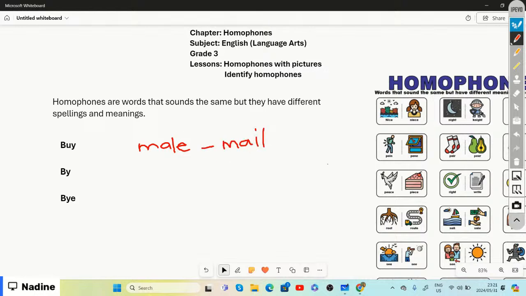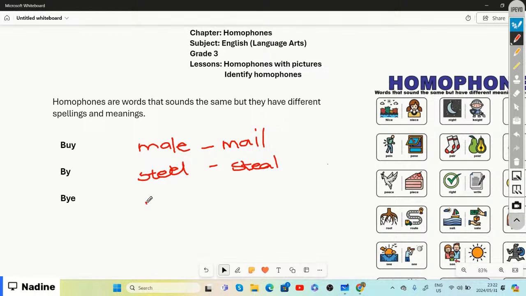So male is, of course, a man, and mail is, for example, letters that you are getting in your post box, right? Then steel, almost like metal, and steal is when you're taking things that do not belong to you, right? So well done. Those are also called homophones, right?